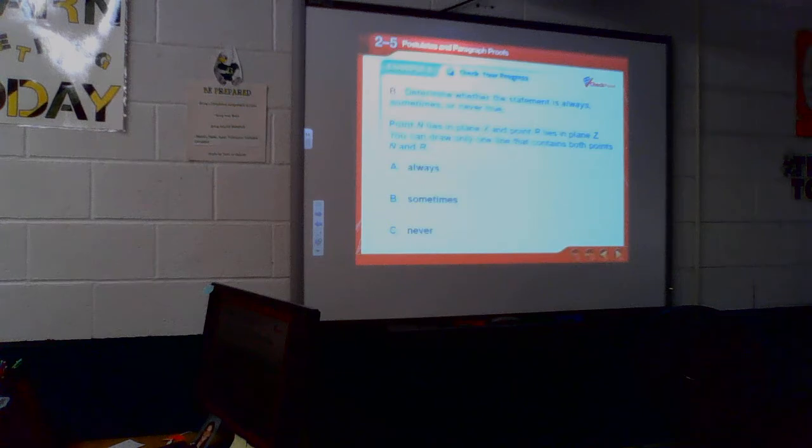Can I draw more than one line between those two dots? To connect this dot on this one and this dot on this one? So what do you think? Always true? Sometimes true or never? Only one line.